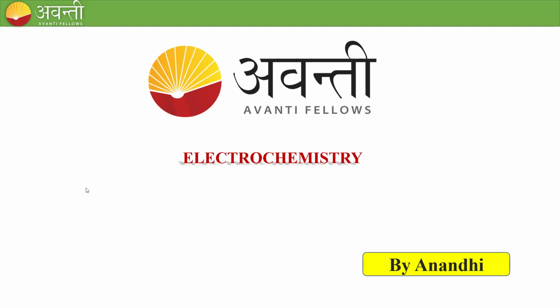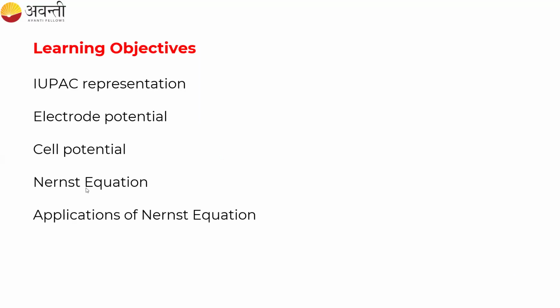Today we are going to learn about the IUPAC representation of a cell, electrode potential, cell potential, the Nernst equation, and applications of the Nernst equation. We'll try to cover as many topics as possible according to the availability of time.